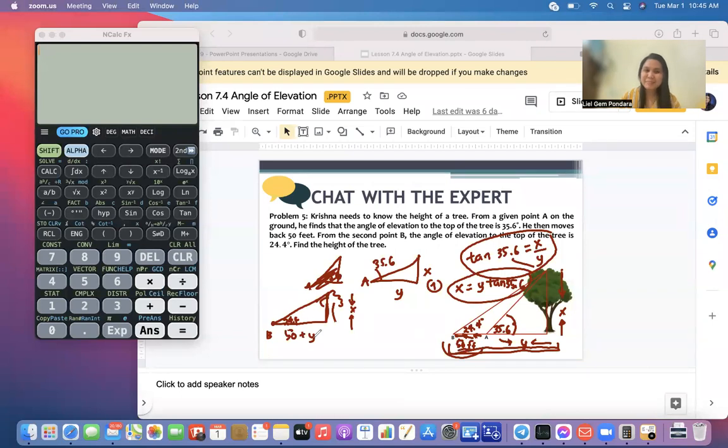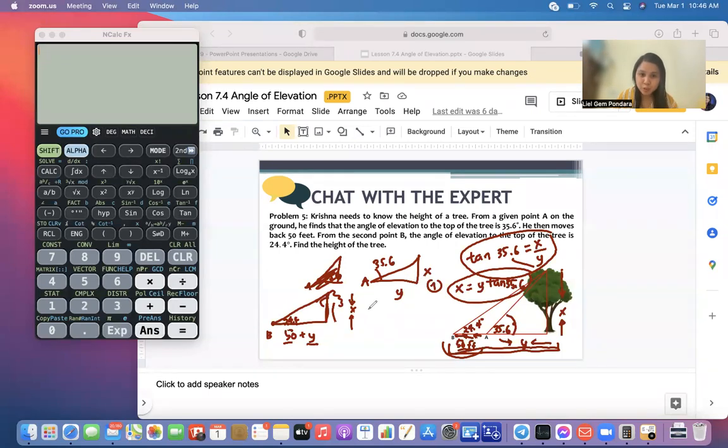Again, the distance from B to A is 50. From A to the tree, it's Y. So we add them. That's 50 plus Y. Now what trigonometric function are we going to use? Sine, cosine, or tangent? Tangent.